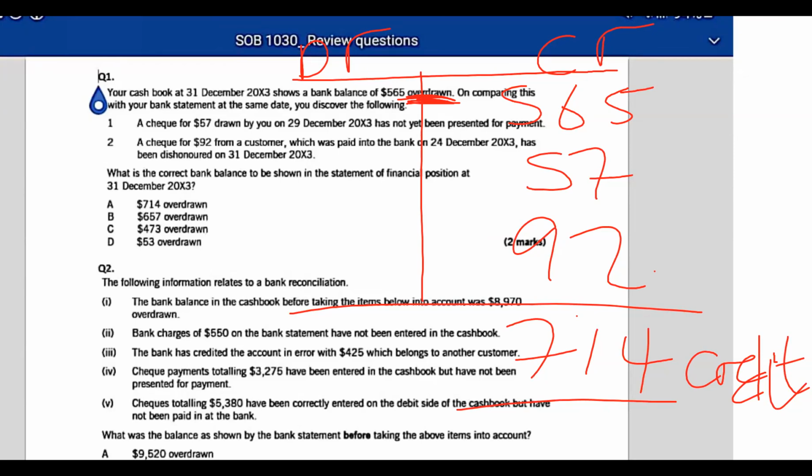Now you have realized that this check is not giving you the money. So to clear that balance, you have to enter the opposite entry on the credit side, which reduces the amount. So the dishonored check has a credit entry as well, and it should total up to 714. Are we all fine, or is there some other view?